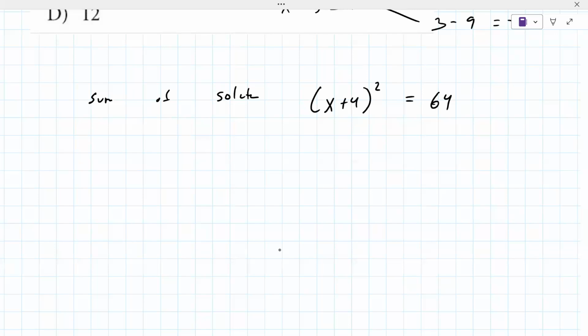Four and minus 12. Okay, so what does that add up to? Minus 8. Yeah, good.